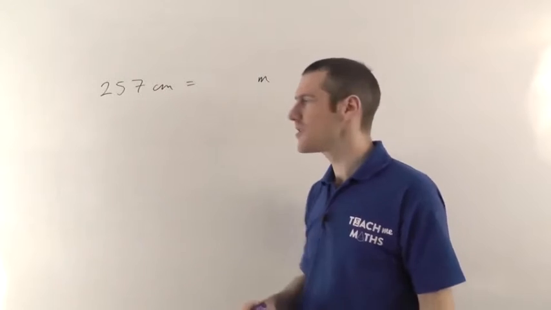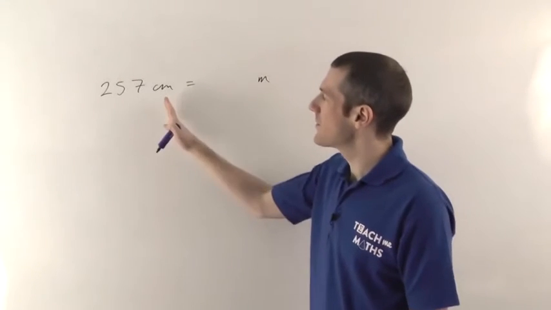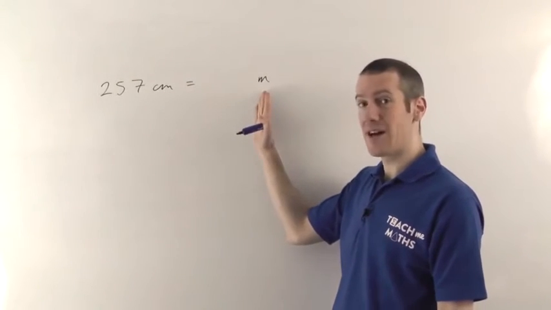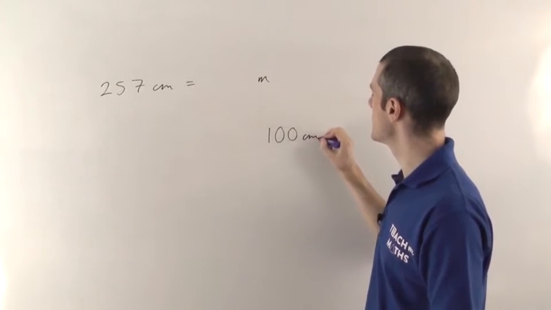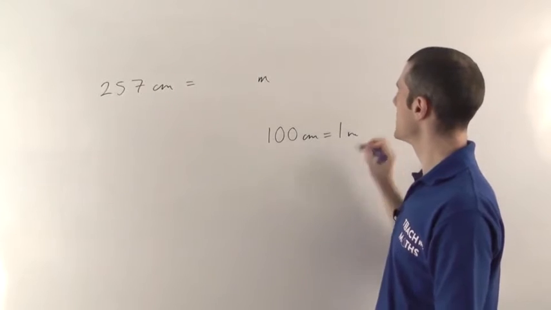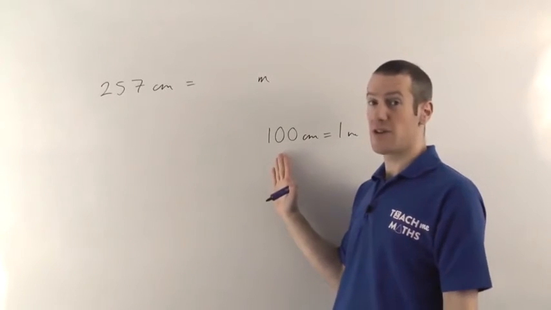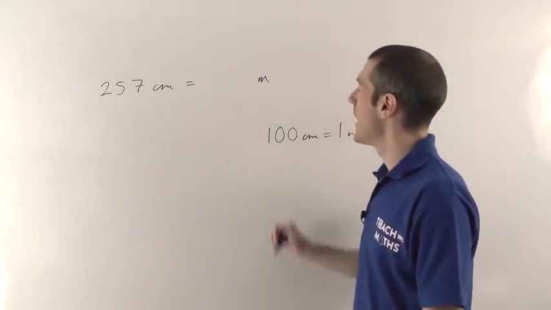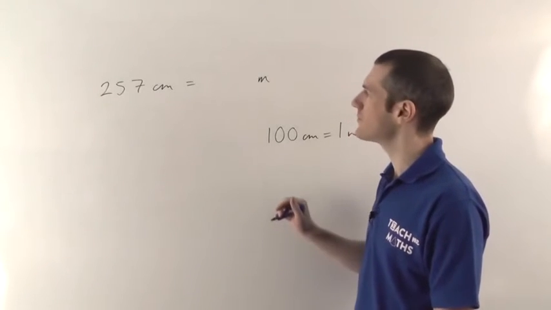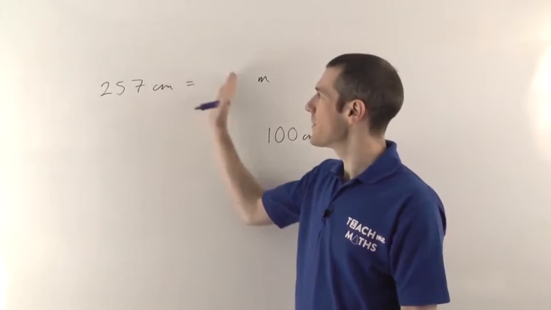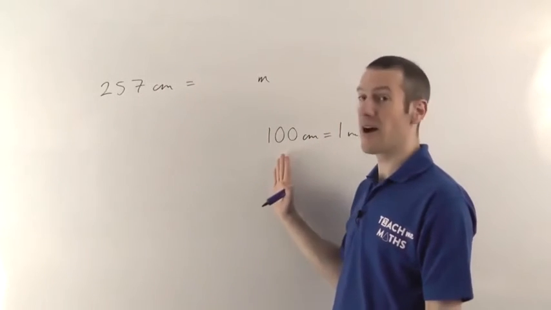What do I mean by the conversion factor? Well, that's simply how many of the smaller thing fits into the larger thing. So in this case there are 100 centimeters in every meter, so the conversion factor is 100. That's all it is, and you do need to always know these. We'll talk a bit more about that later.